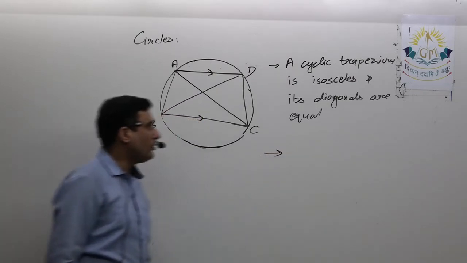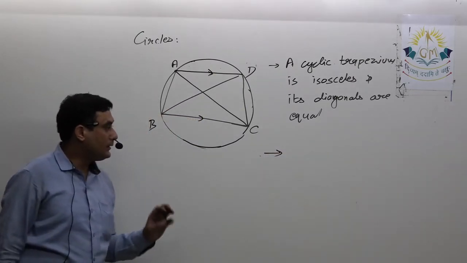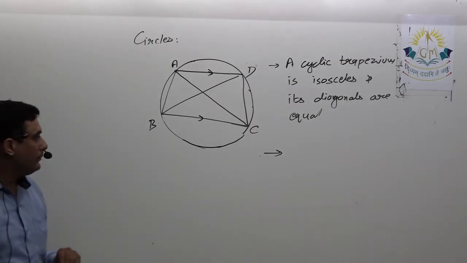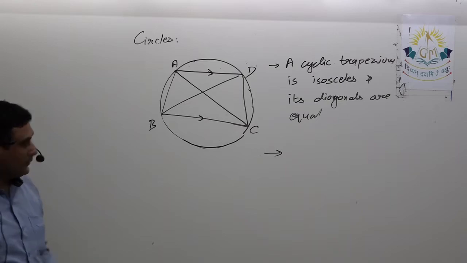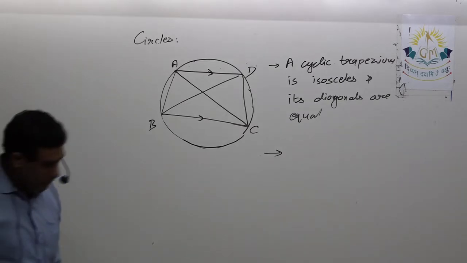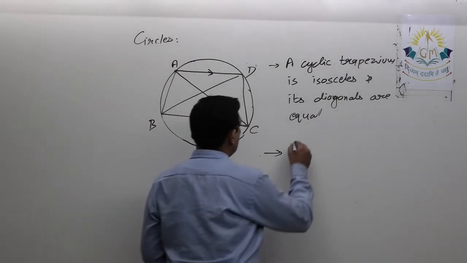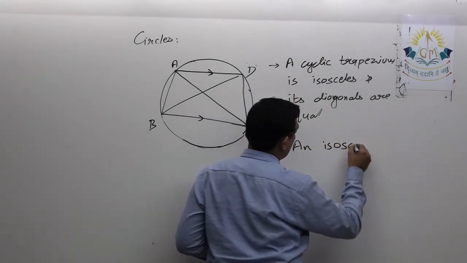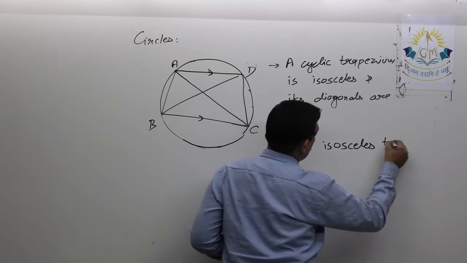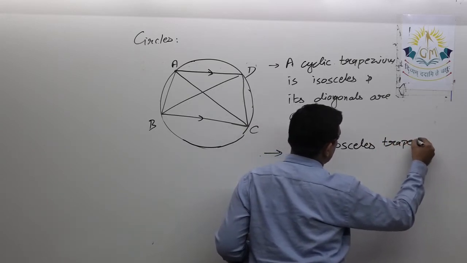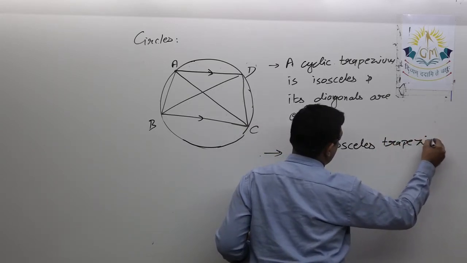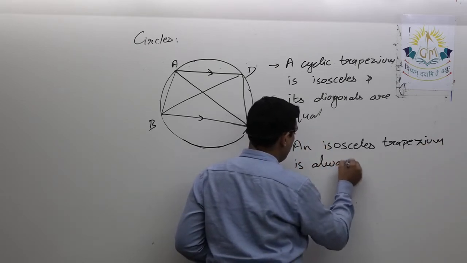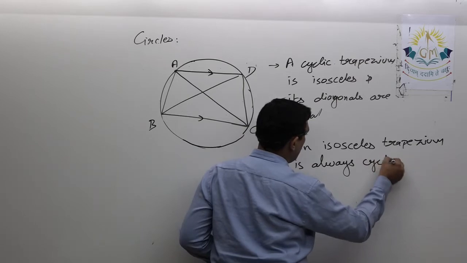Now its converse is also correct. That means in a trapezium, if the diagonals are equal, it will be cyclic. An isosceles trapezium is always cyclic.